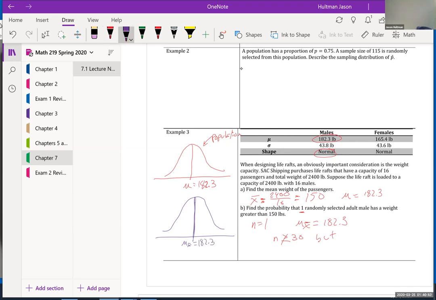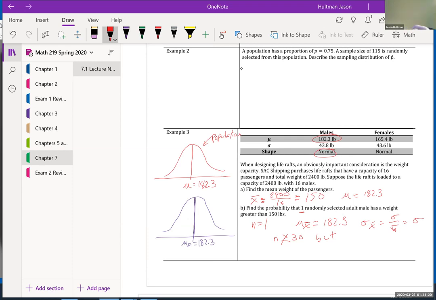At the same time, what's going to be my new sigma x bar? It's going to be sigma over the square root of my sample size. What's my sample size? It's 1. So that's just going to be sigma. They're basically going to be the same distribution, because I'm taking samples of size 1.